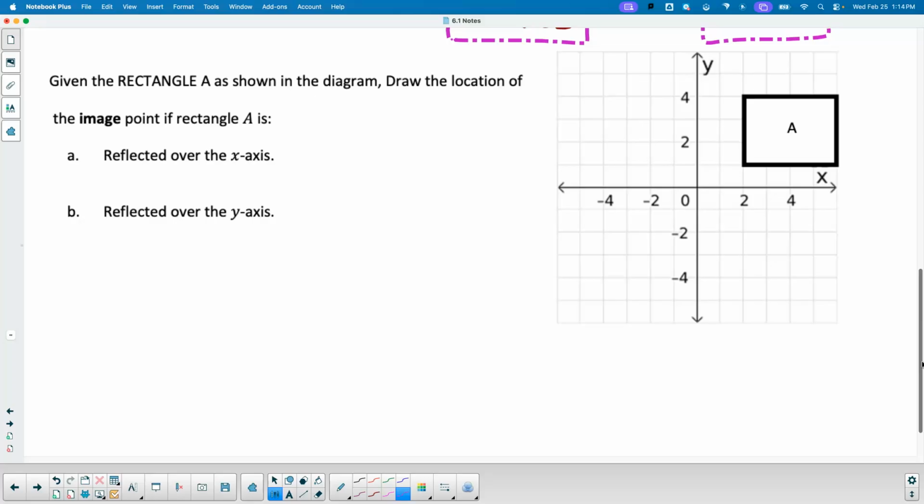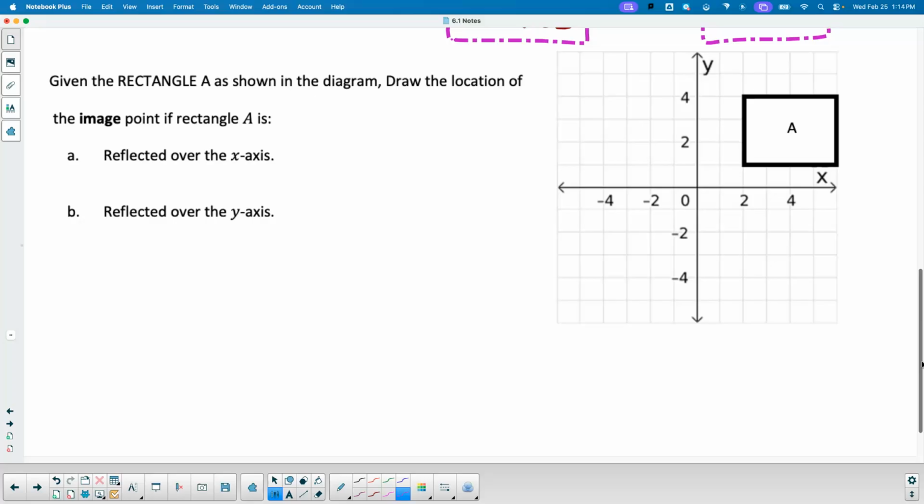So we are moving away from algebra and into some more geometric concepts now, second semester. One of the things we have to talk about is transformations in geometry. There are three main types.